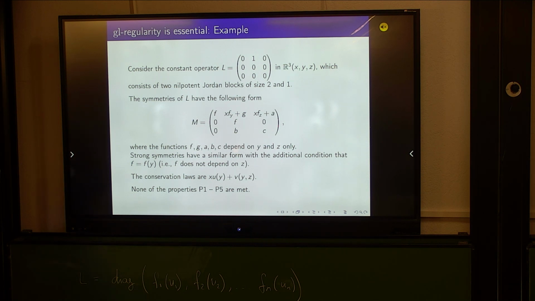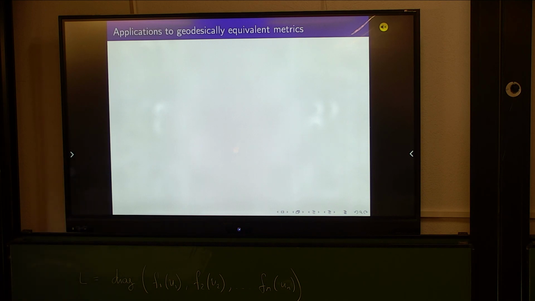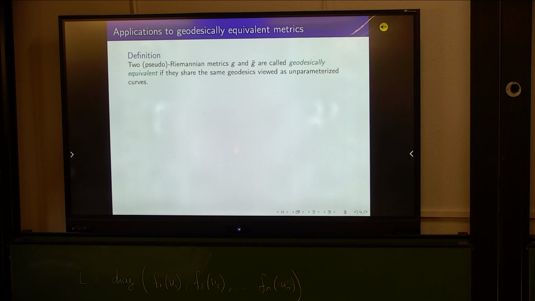Okay, now let's talk about some applications. Applications where? In those topics where Nijenhuis operators naturally appear, in particular in the theory of geodesically equivalent metrics.